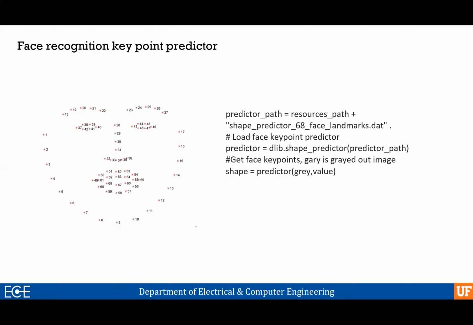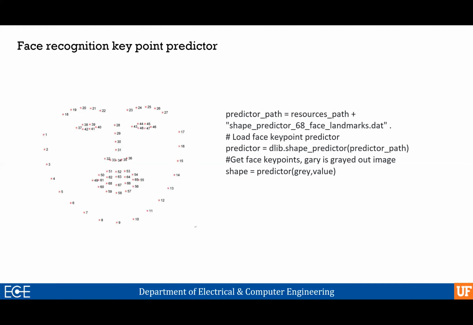A residue regression amount is stored on each leaf node of each tree. When the input falls on a node, the residue is added to the input for the purpose of regression. And finally, all the residues are superimposed together to complete the face alignment.